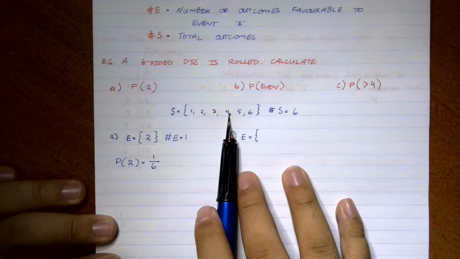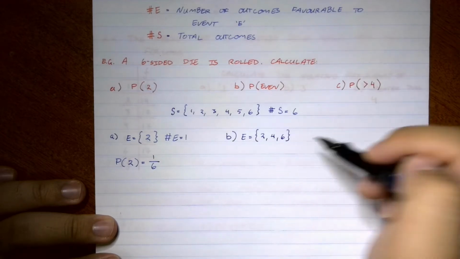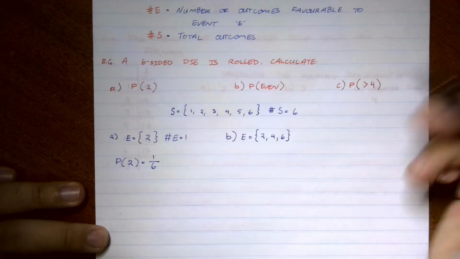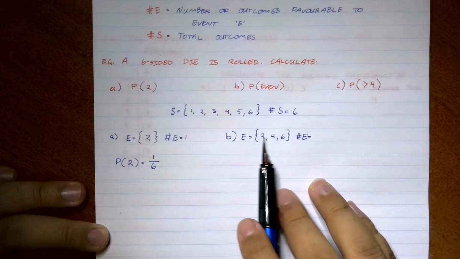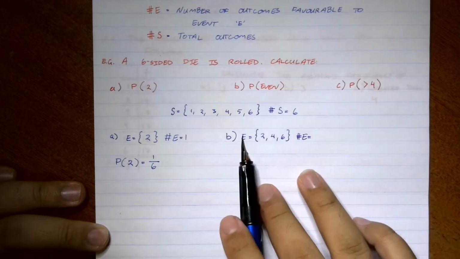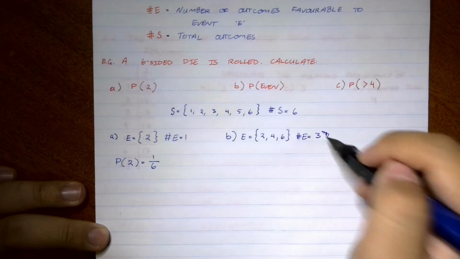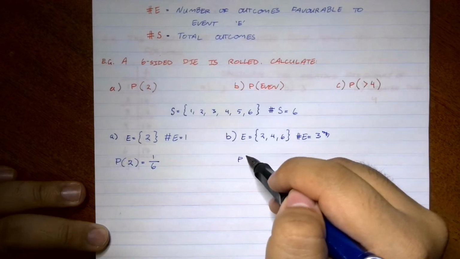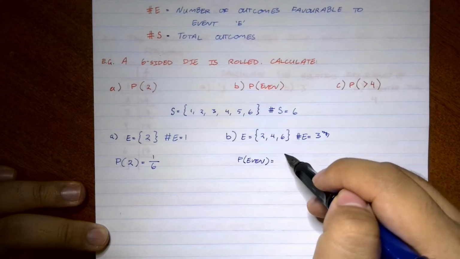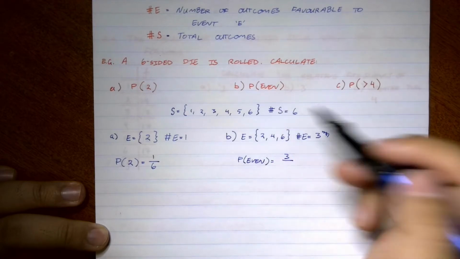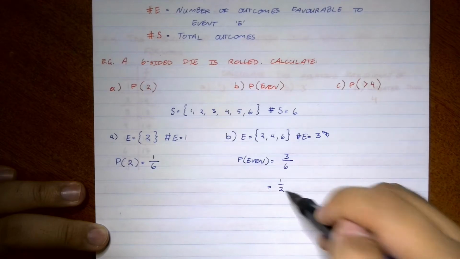So we have a 2, 4, or a 6. So we've listed the outcomes of our event, which means the number of E, well, there are 3 different outcomes in our group of E. So our number of E is 3. So the probability of even we can calculate as 3 over the total outcomes, which is 6. We can simplify this as a half.